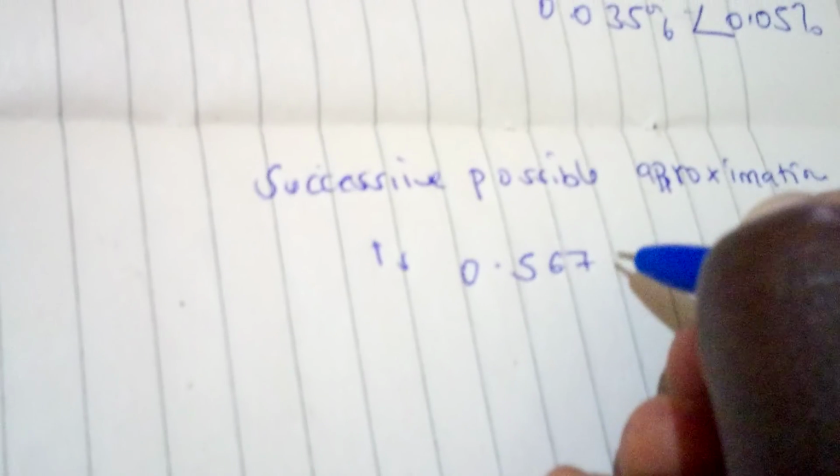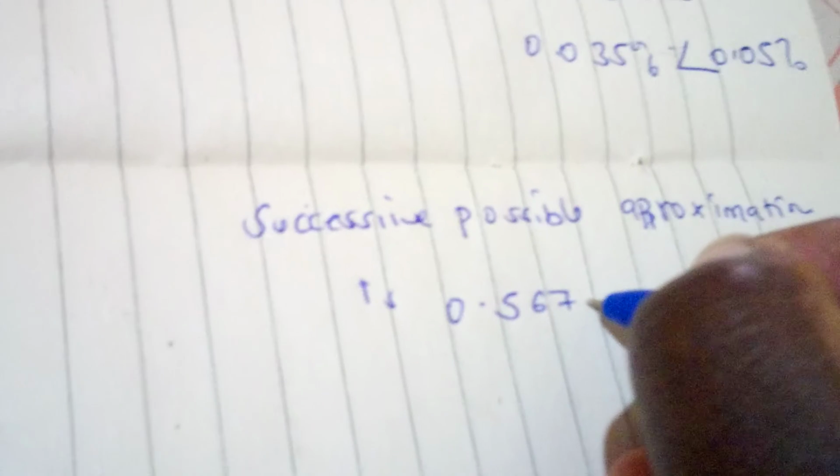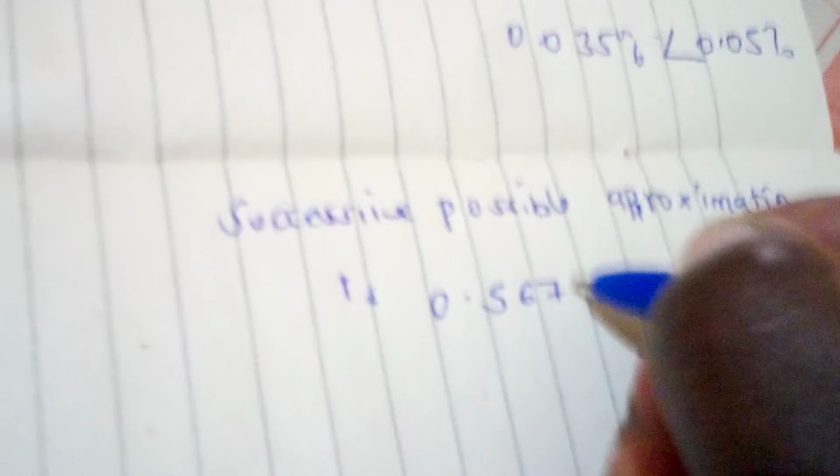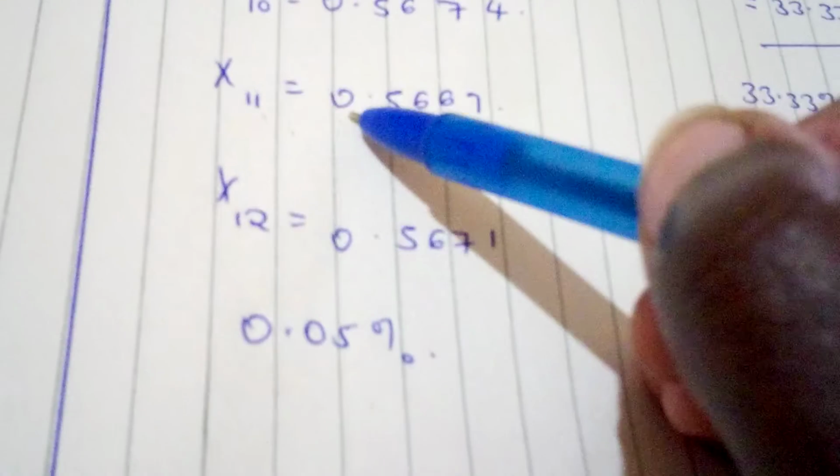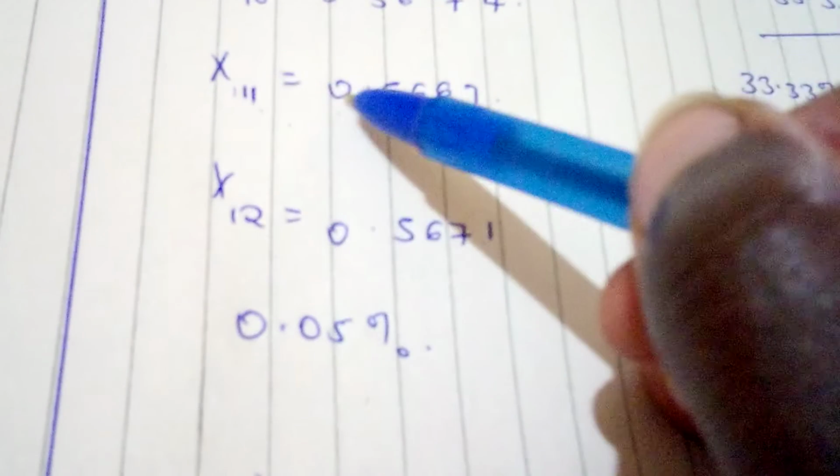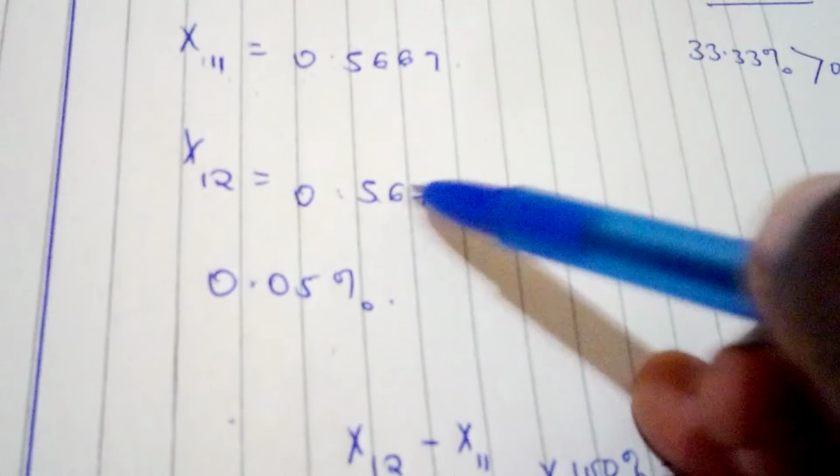So that means that our possible successive approximation is 0.567 in 3 decimal places. For example, if we look at our successive approximations, for x11 we have 0.5669, and for x12 we have 0.5671.